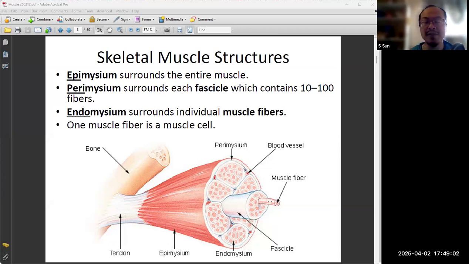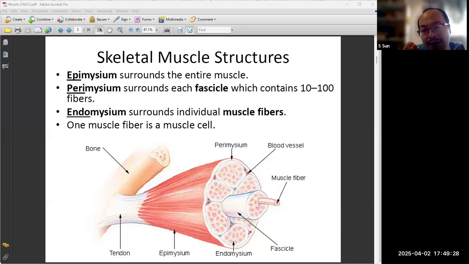So you can see that skeletal muscle is pretty elongated. It's a muscle fiber, just like when you eat your chicken or your beef or dietary meat, you can see that the muscle has fibers, and that basically represents all these fibers you see here.